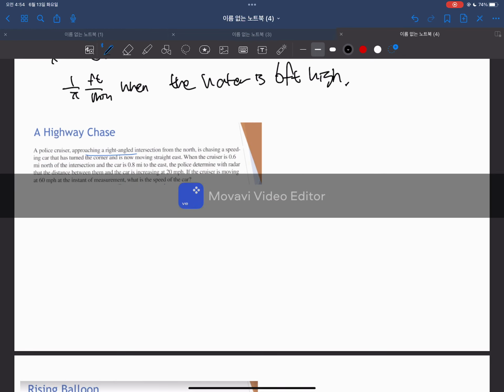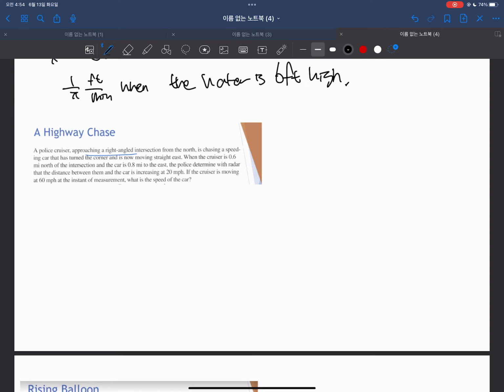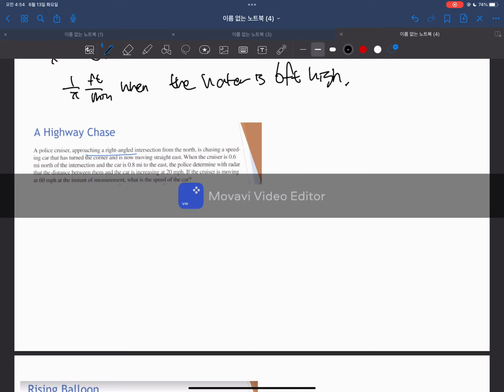This question requires a lot of thinking about the direction, because the rate can be negative or positive depending on the direction. The car is 0.8 miles to the east and the cruiser is 0.6 miles north. So I will draw the direction.